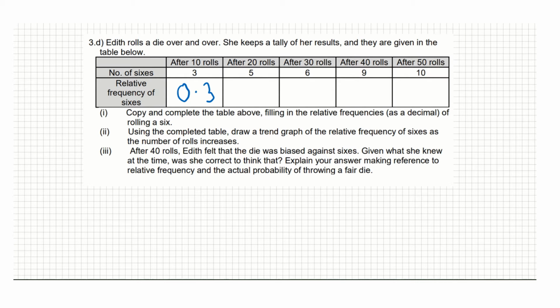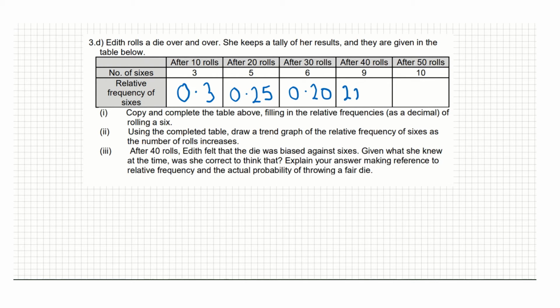After 20 rolls, he had it 5 times, he got 6. So it's 5 divided by 20. After 30 rolls, so that's 6 divided by 30. After 40 rolls is 9 divided by 40.